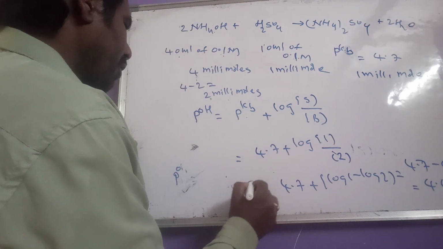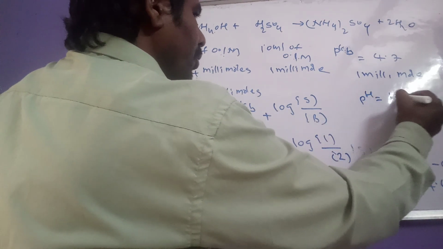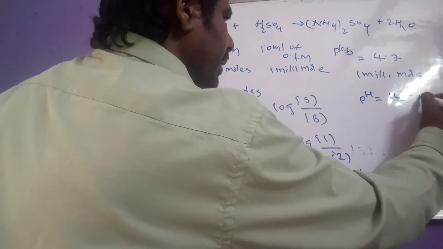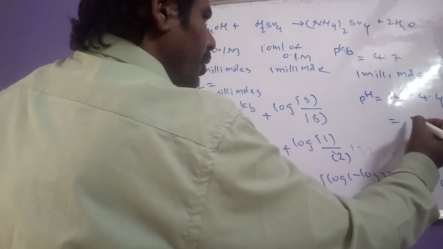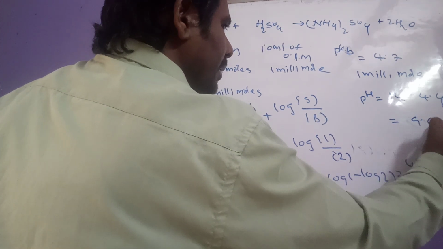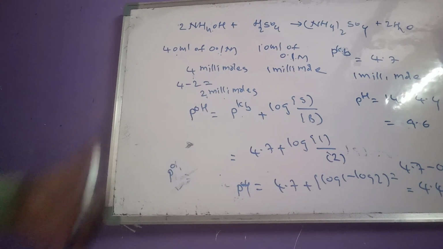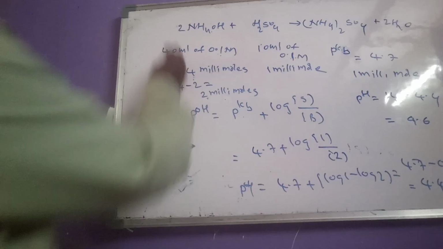This is the pOH value. Therefore pH equals 14 minus 4.4, you get 9.6. So like this we have to calculate the pH value for this problem.